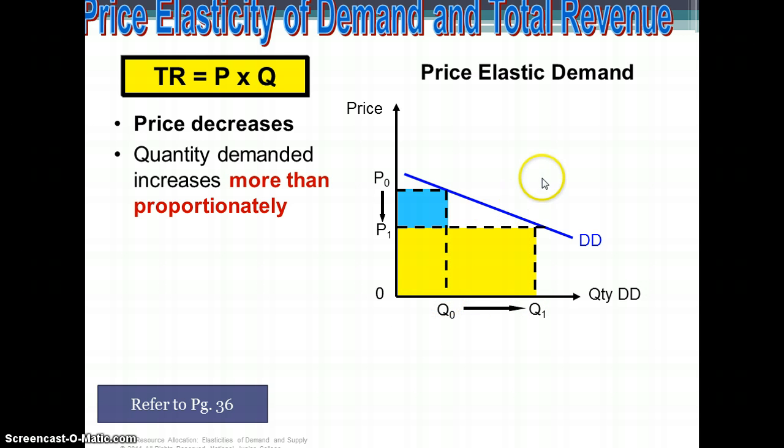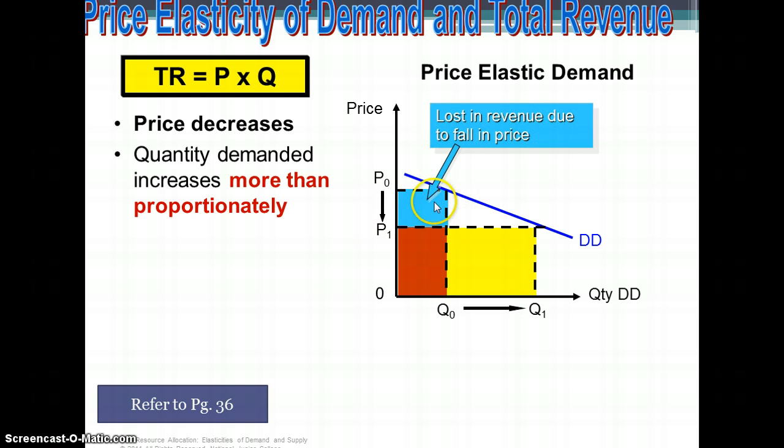So what happened to the new total revenue? It will be the yellow box here, and you will realize that in this change, the orange area remains constant. What changes is the total revenue from here. There is a drop in the price. There is a loss in revenue due to the fall in the price, represented by the blue box.